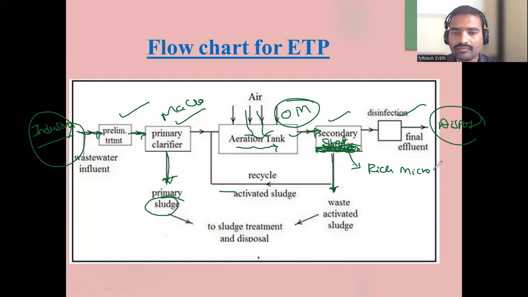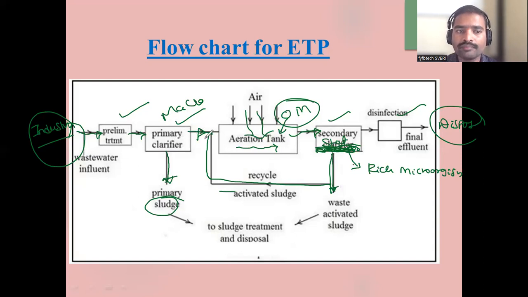microorganisms. Okay, so this sludge is removed. Some of the sludge is returned back to the aeration tank, because this is rich in microorganisms. In the aeration tank, it is rich in organic matter. Okay, so there is continuously inflow from the primary clarifier.